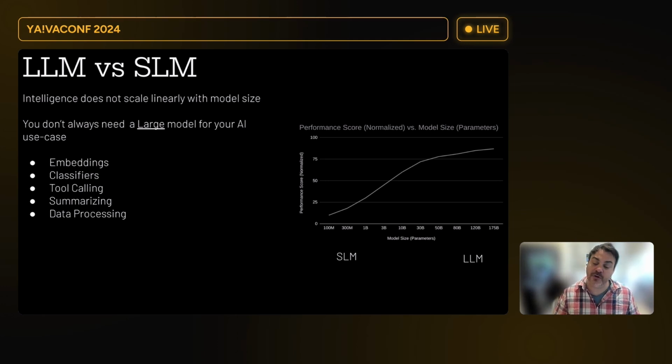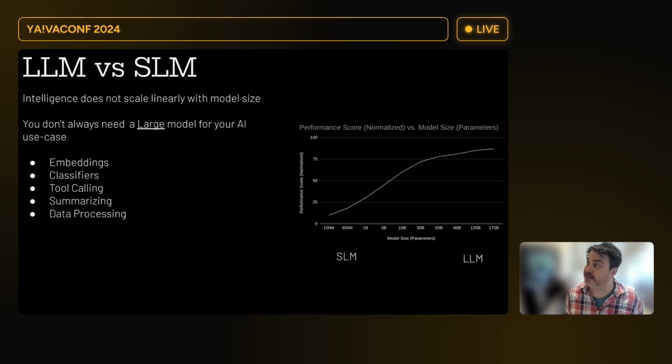But for most small applications, you don't need a gigantic model. Some of the things that they can do is just classify text. It can say, this text is spam, it's not spam, this is a positive tweet or a negative phrase.